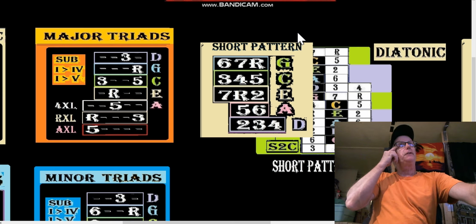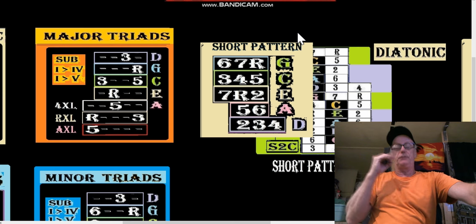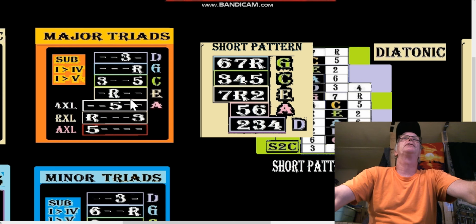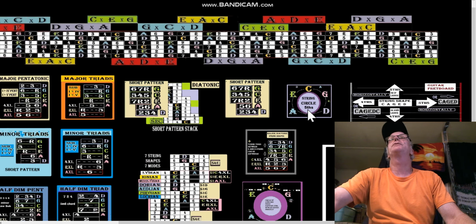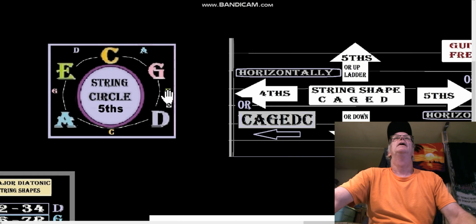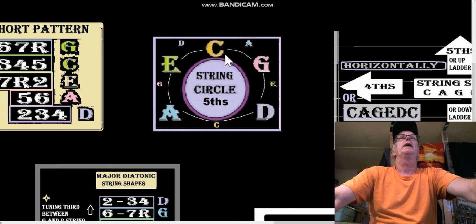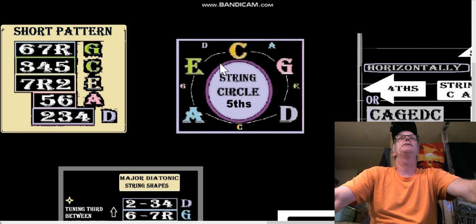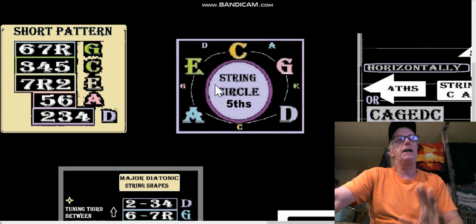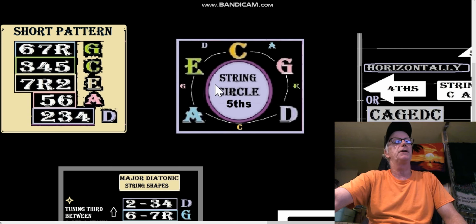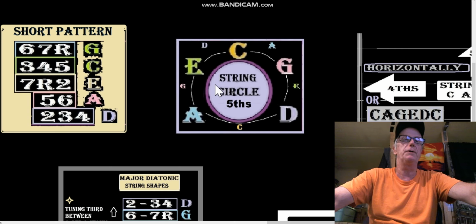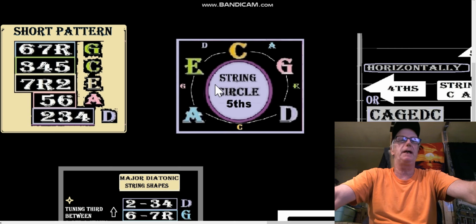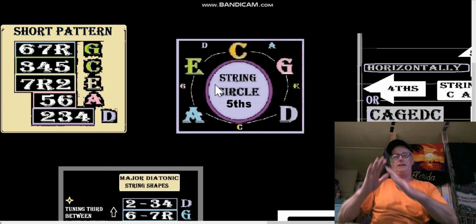The thing is, if you just internalize the string shapes individually, using the string shape circle over here, all right. So you have the string shape circle with the patterns. I know this is review, and we really have to get through to the minors and the substitutions, because that's an important topic, and we'll keep having lessons that lead up to it.